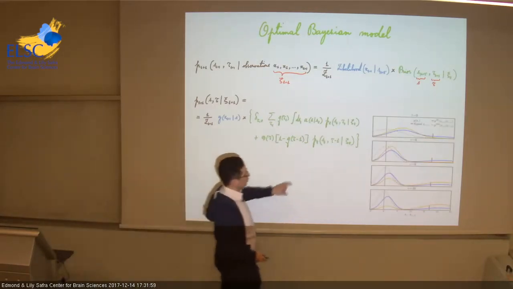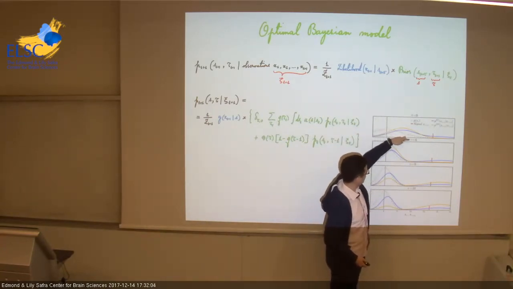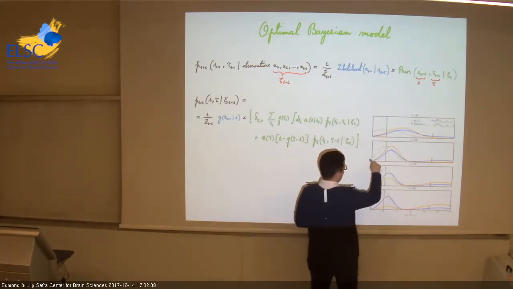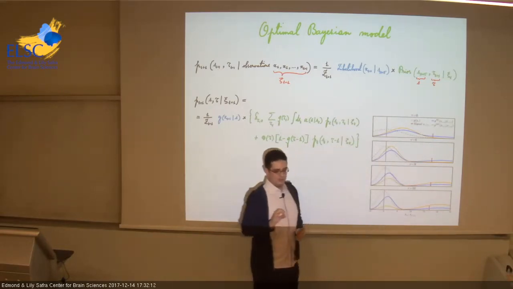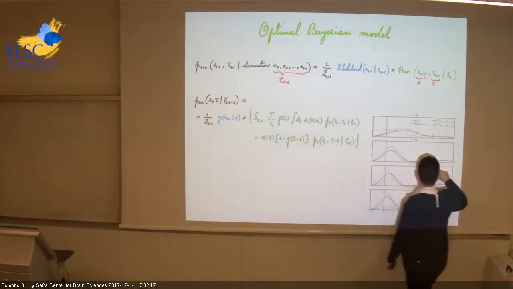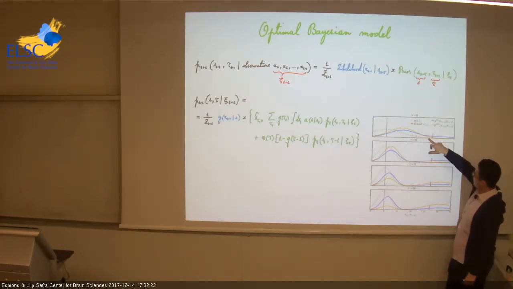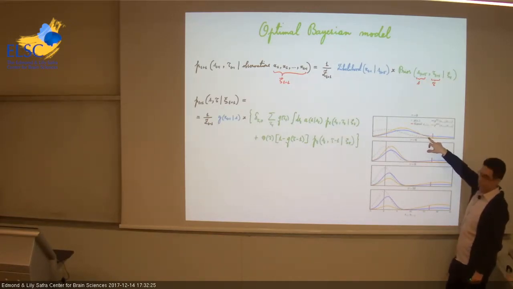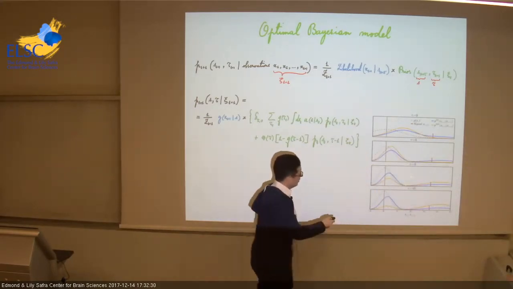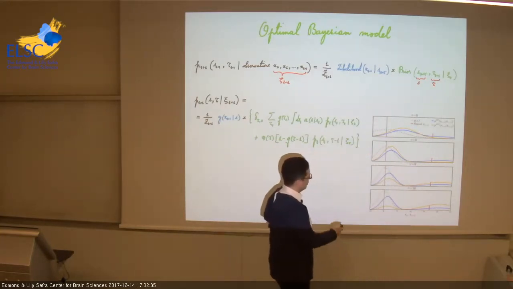Okay? So the intuition is here. What you see here are 4 panels for different taus. This is tau equals 0, tau equals 6, 9, and 10. And on each panel, you have a dashed line, which is the probability over S at the preceding trial. Okay? And then you see this measurement, this red tick, and the blue and yellow lines are the probability distribution after having seen this tick. Okay? And what you can see here is that as tau becomes bigger, of course, this distribution becomes narrower.